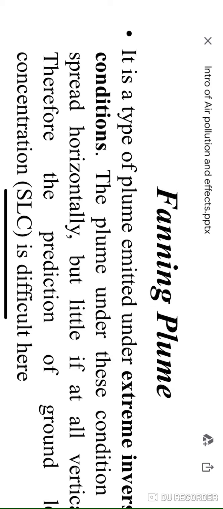Solar energy travels towards the earth, and it heats the things on the earth. During the night, the earth starts releasing heat, and because of that the air near the earth surface is warmer, and above that the air will be cool because there is no radiation during the night.